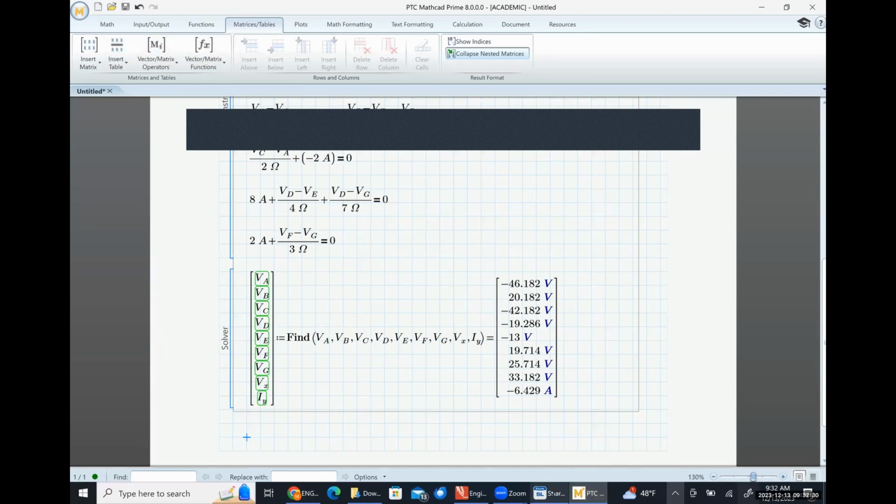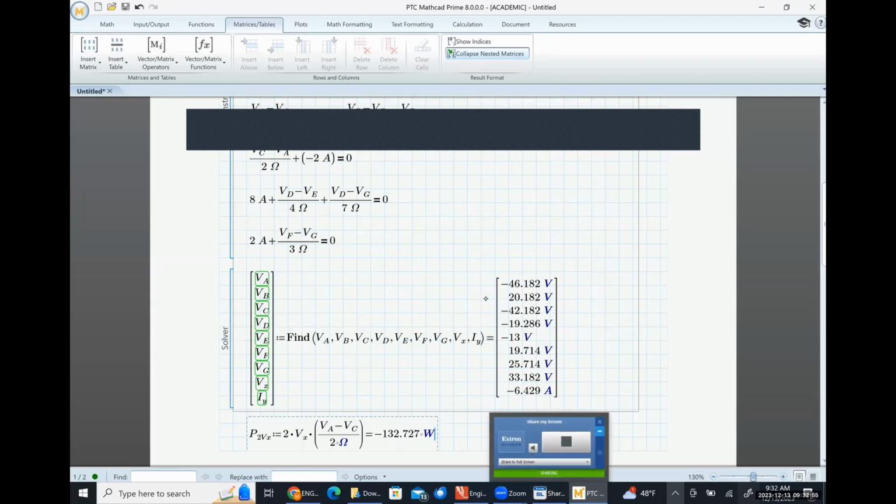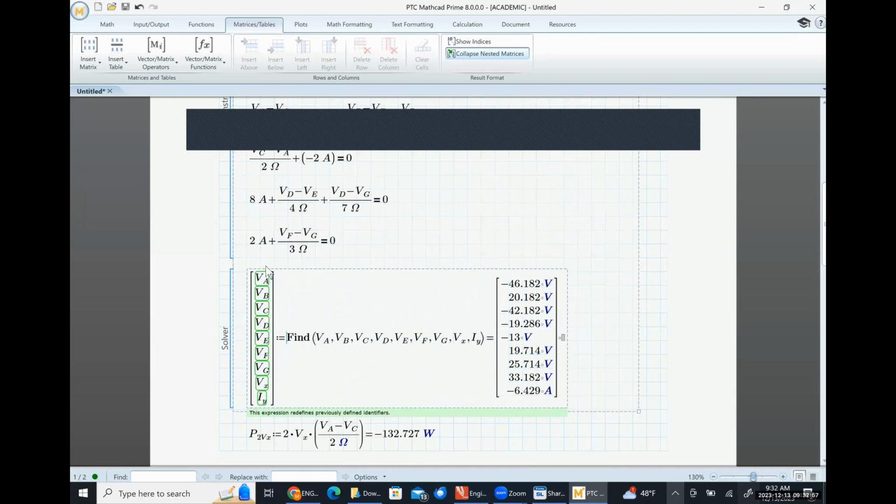All right, so P of 2Vx is equal to 2 times Vx times VA minus VC over 2 ohms. Now I wound up getting negative 132.727 watts, right?